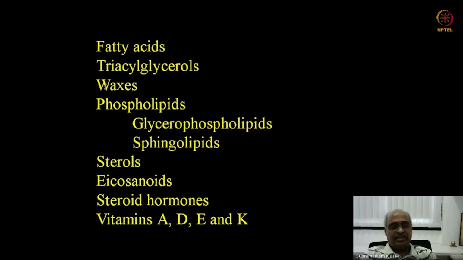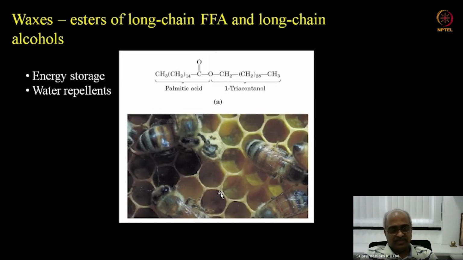Next, let us move on to the next lipid class, which is waxes. As I told you in the introductory class, these are long chain fatty acids in ester linkage with long chain fatty alcohols.